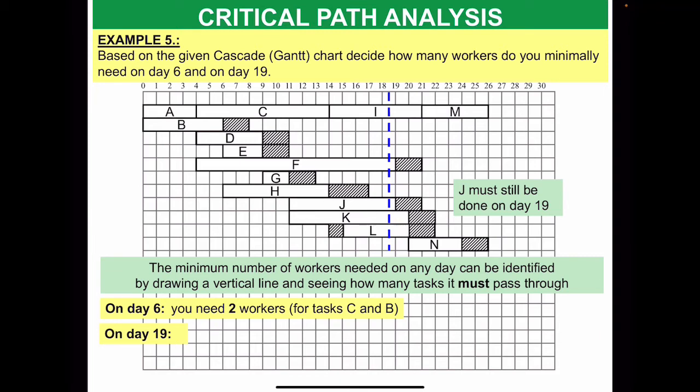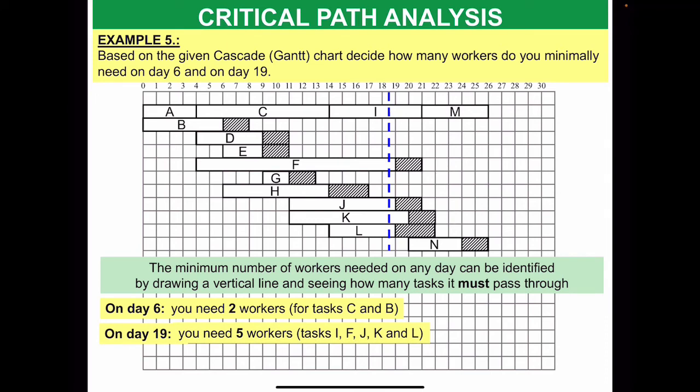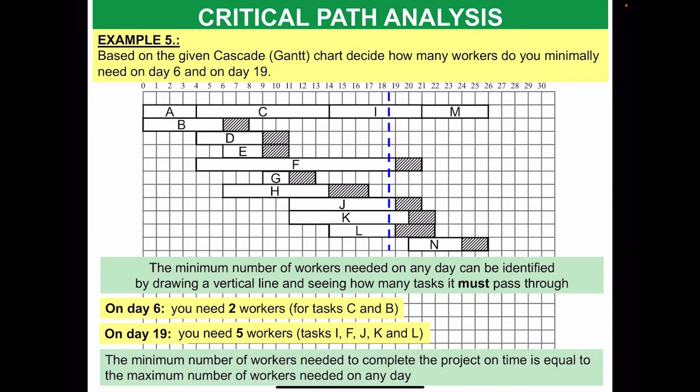Let's look at L as well. Either way you move it, this way or that way, it still cannot escape that line. So for this one, we need 5 workers, and that's tasks I, F, J, K, and L. Now, why I talk about it is because the minimum number of workers that you need to complete the project on time is equal to the maximum number of workers needed on any day, any hour, any point in time.